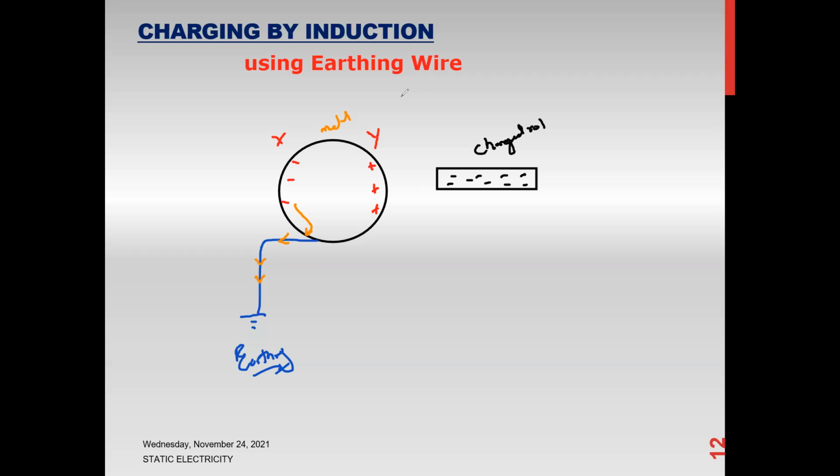As these electrons are being removed, what will be the net charge left on the sphere? The net charge left is positive, because the majority of the negative charge has left the metal sphere.